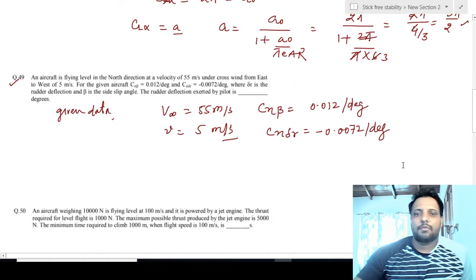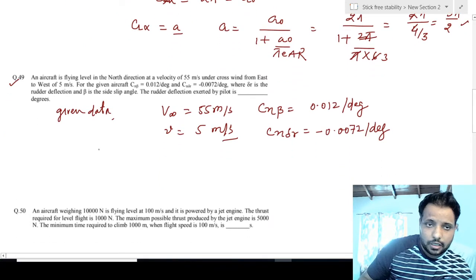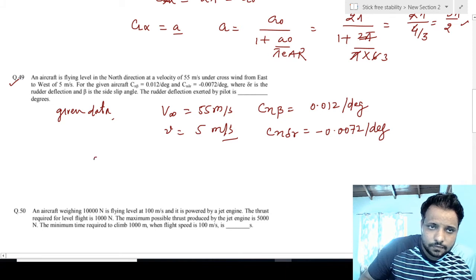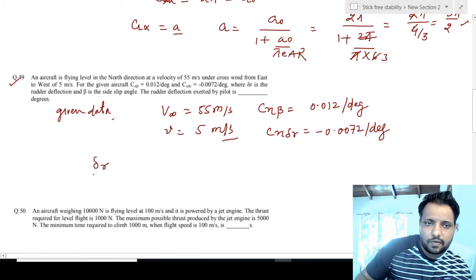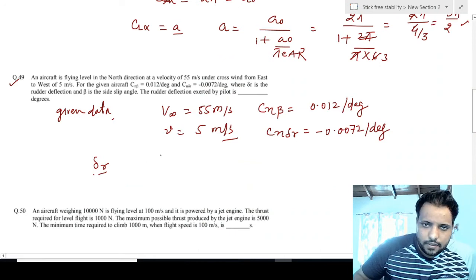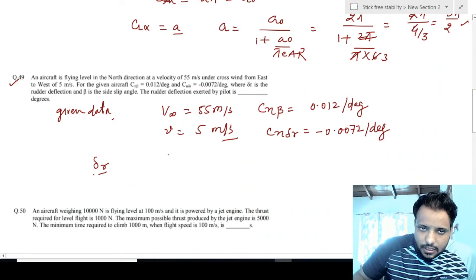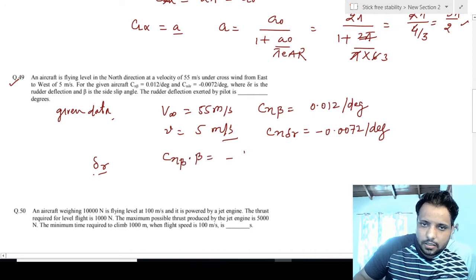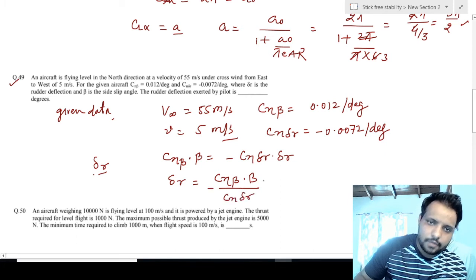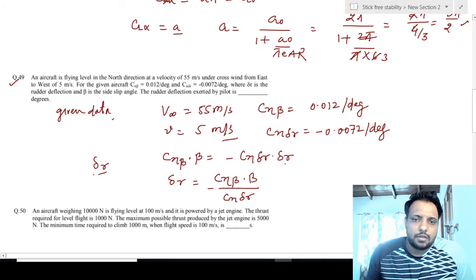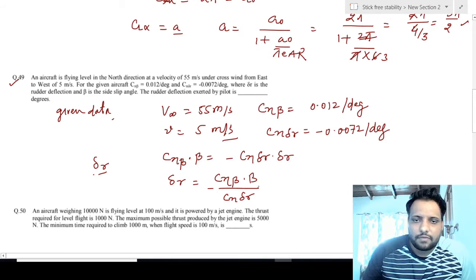Here we have to find out the rudder deflection delta R. We know that Cn beta into beta is equal to minus Cn delta R into delta R. So from this formula, delta R is minus Cn beta into beta divided by Cn delta R. Here in this question, beta is not known to us, so first we have to find out the beta.